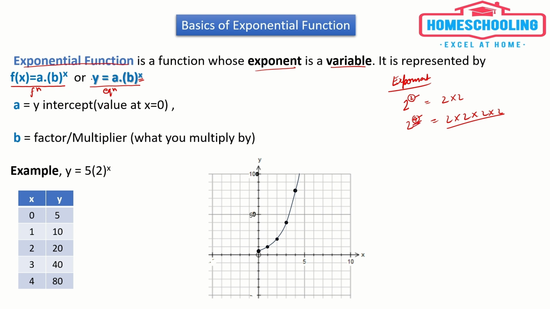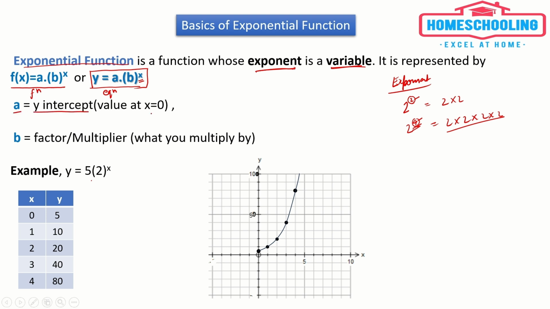Now, as we know, this is our basic exponential equation. So what are a and b? A is called your y-intercept. So what is y-intercept? It is the value of y when x is equal to 0. Let me show you why a is called a y-intercept. This is our basic exponential function, that is y = a times b to the power x. So a is your y-intercept when the value of x is equal to 0.